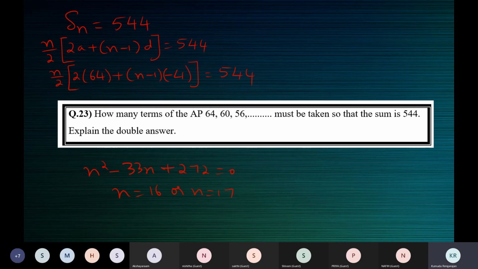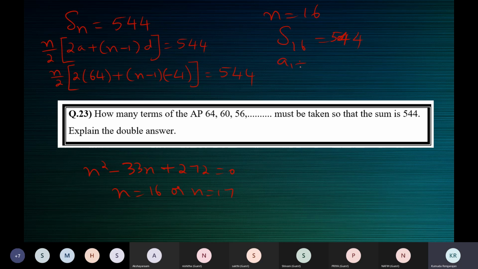Now here 16, 17. When you accept n is 16, that means the sum of the first 16 terms is 544.